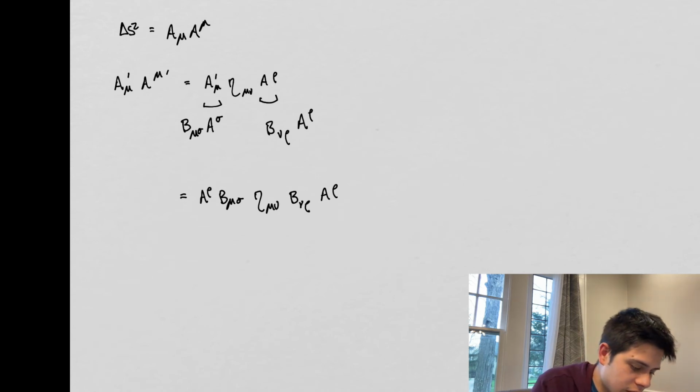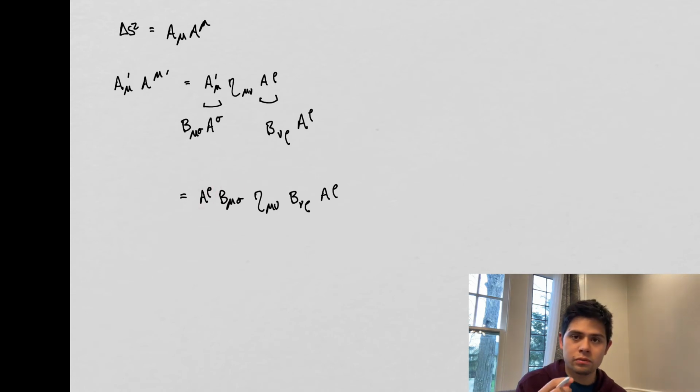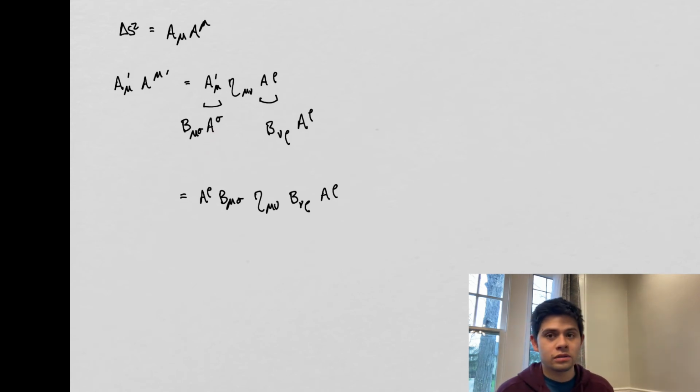So in this right here, I just moved them around because one's just a vector. You can move that around. If this was a matrix, which it wouldn't be, but if it was, you couldn't just do that swap because matrices do not obey that commutation rule.